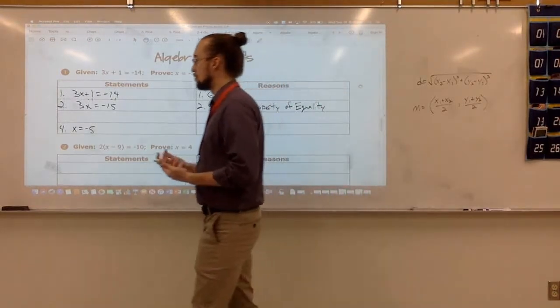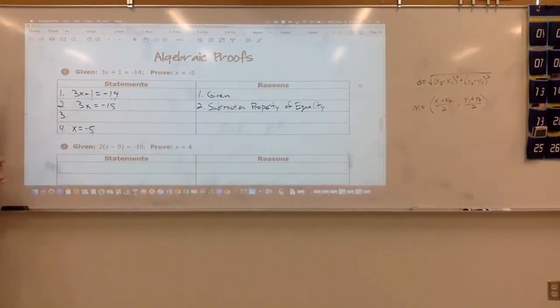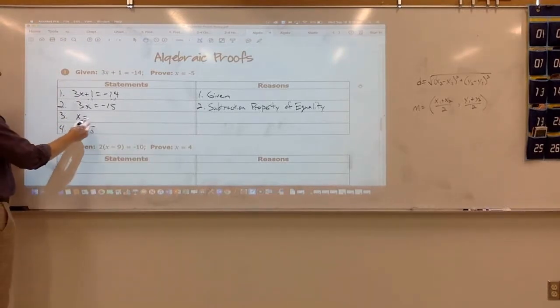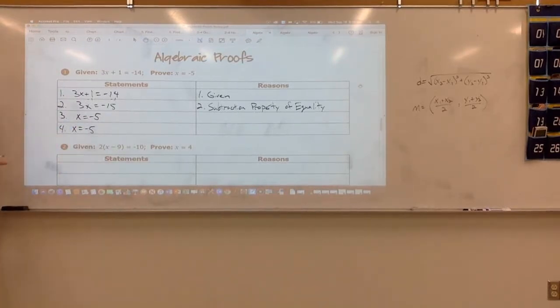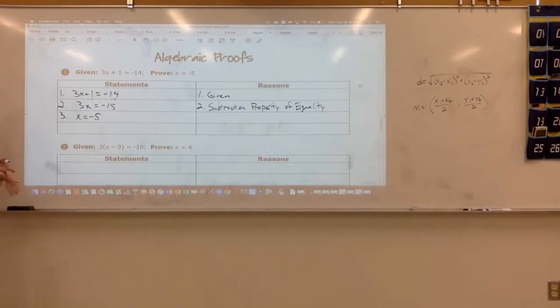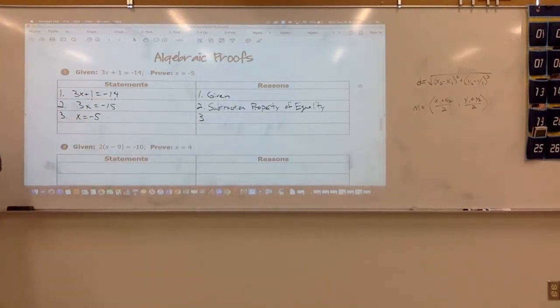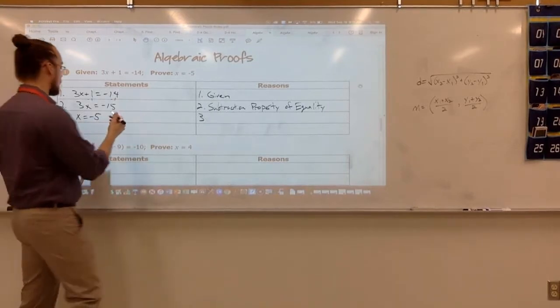And then what would I do? Divide. So once we divide here, we just get x equals negative 5, right? So I guess there is one too many lines. We said we're dividing, right?